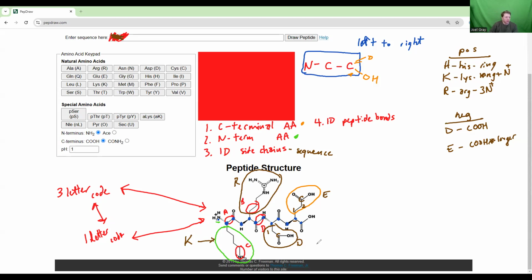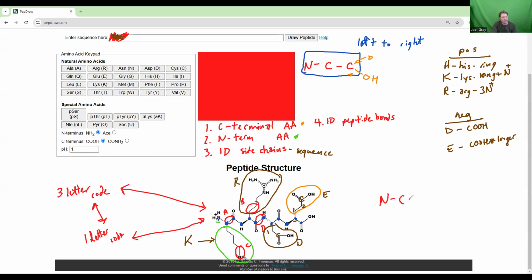Now, that would be one good question. The last one would be identify the peptide bonds. So this question would be something like, you have a couple of different groups that are circled. Which one of them is a peptide bond? Well, what do we know about a peptide bond?